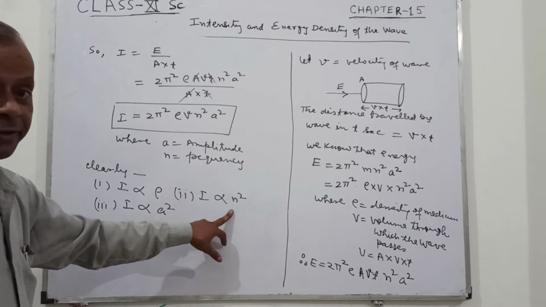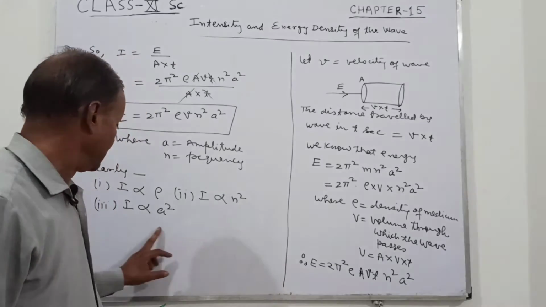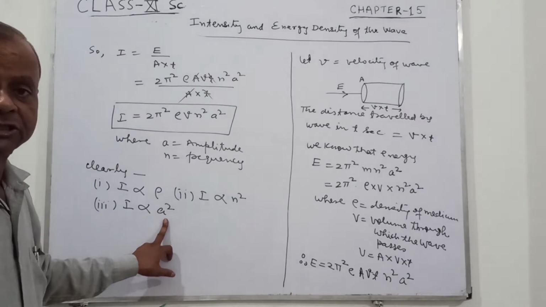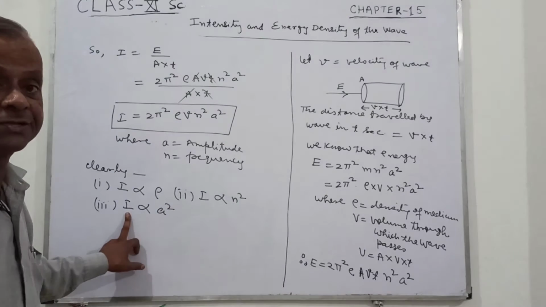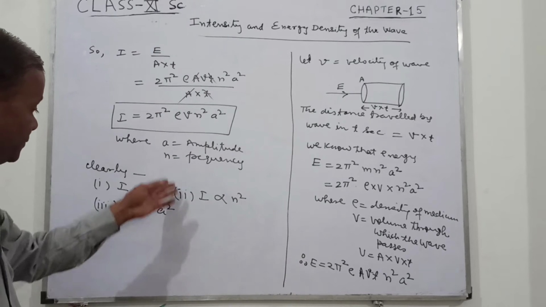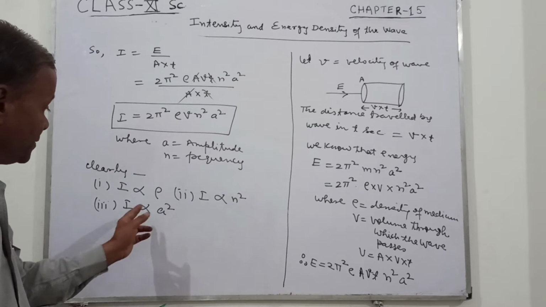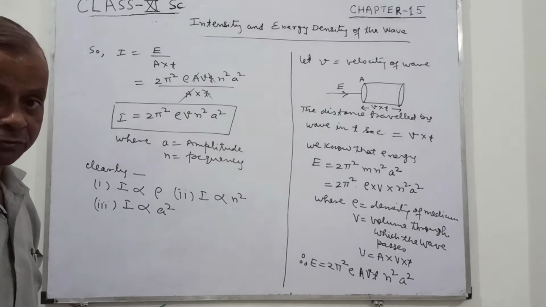It is proportional to the square of the frequency: higher the frequency, higher the intensity. And it is proportional to the square of the amplitude: higher the amplitude, higher the intensity. It means the intensity of the wave depends upon the density, frequency, and the amplitude.